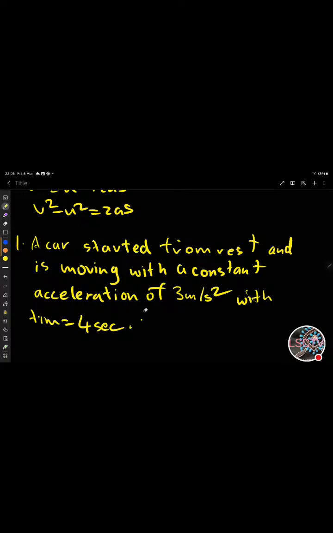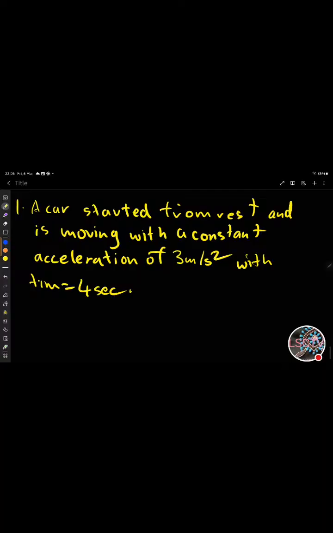Here I gave you the initial velocity, which is 0. We gave you the acceleration, constant, which is 3 meter per second square. We gave you the time, which is 4 seconds.